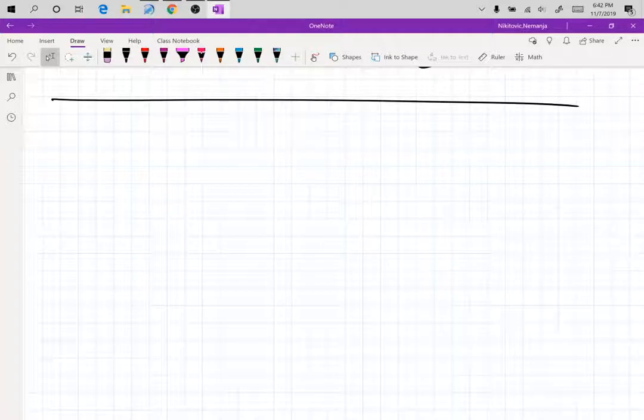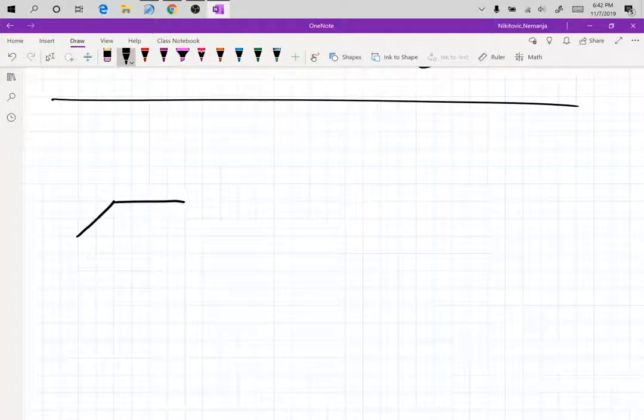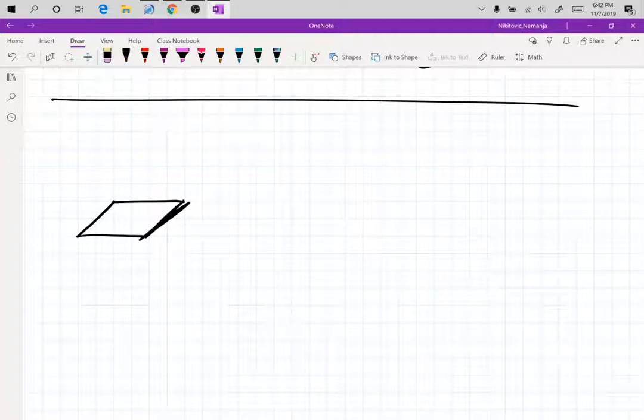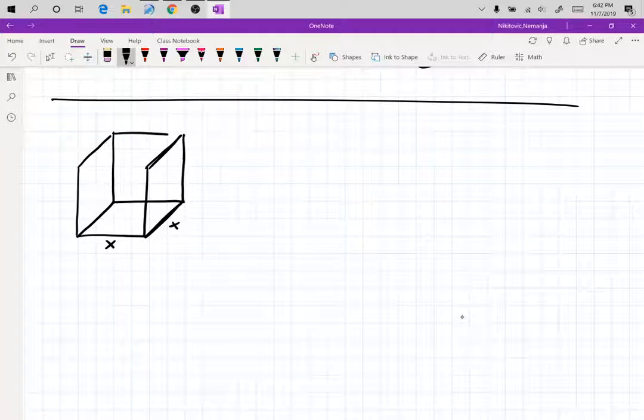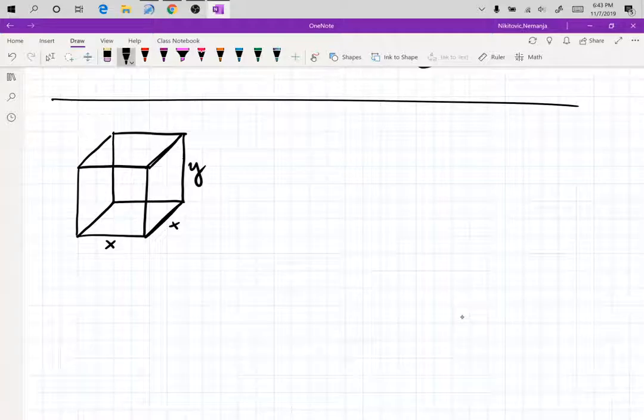So now what I'm going to do is draw this square, x and x, and then we're going to add some height to it, which will be y.